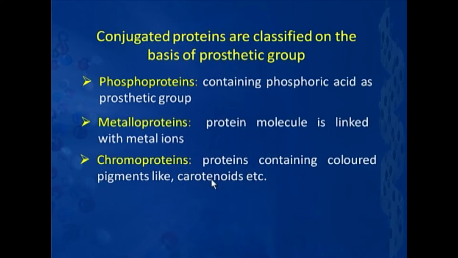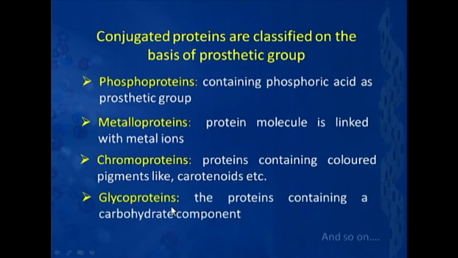Examples happen to be carotenoids as the pigments. Then you may have glycoproteins. As the name suggests, glyco basically means the non-protein component is carbohydrate in nature. And so on and so forth. There are a large number of classes into which the conjugated proteins can be further subdivided. We will not get into all the classes, I just mentioned a few of them for your reference.